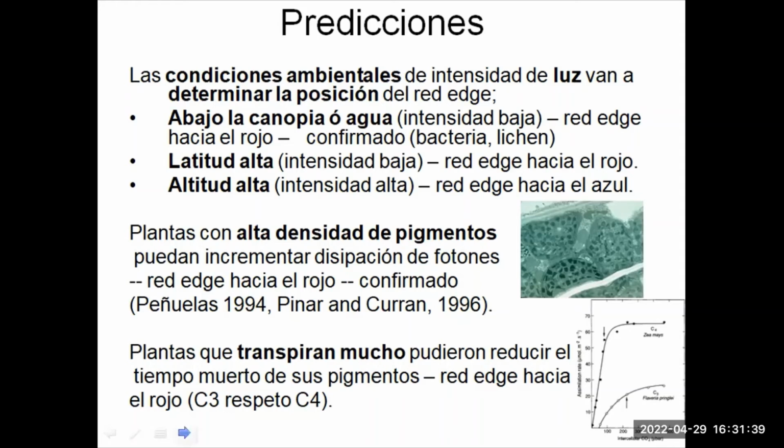And it turns out that the more ancient form of photosynthesis, known as C3, which transpires more than C4, has also the red edge moved towards the red. So this is another confirmation from data which is already being determined.